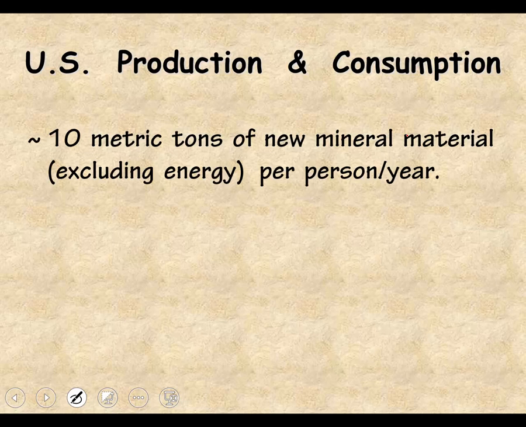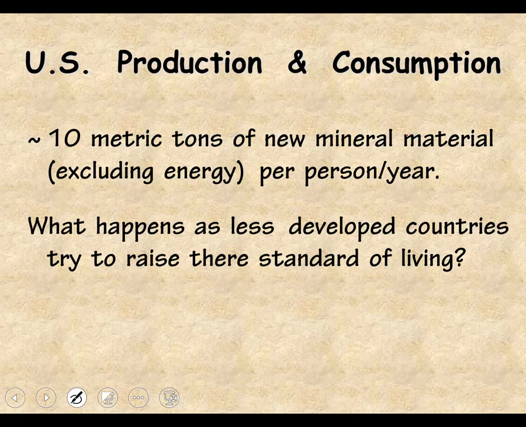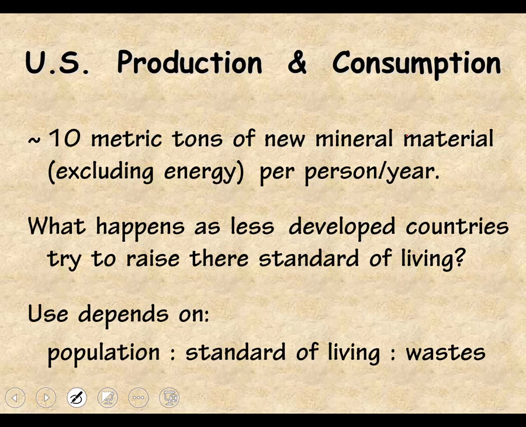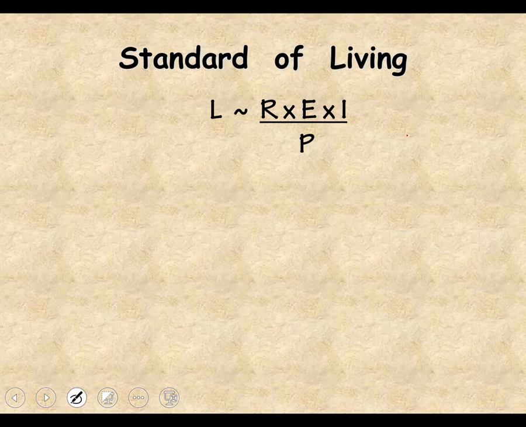We use a lot of material per person, and the thing is, we use it to maintain our standard of living. So, as we've talked about before, what happens when lesser developed countries want to raise their standard of living? Well, they're going to use more of these minerals. Now, the mineral use depends on population, standard of living, and waste.